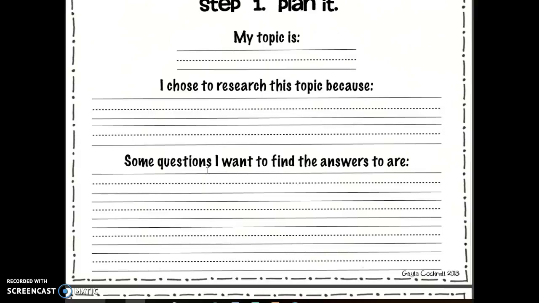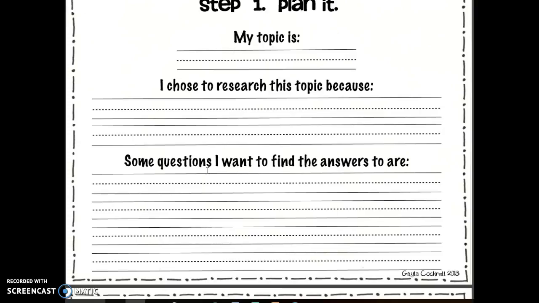Now, if you have trouble coming up with your questions, I would look through maybe the book that you got last week on your topic. Maybe it would give you some insight, or you could also ask a friend. Perhaps you can read them your questions and come up with another idea, or they could help you come up with an idea.